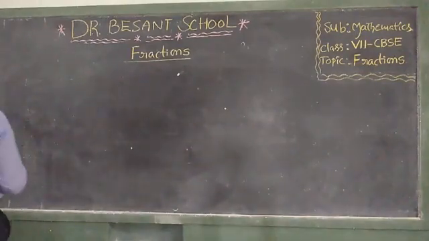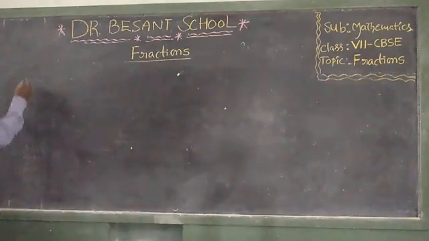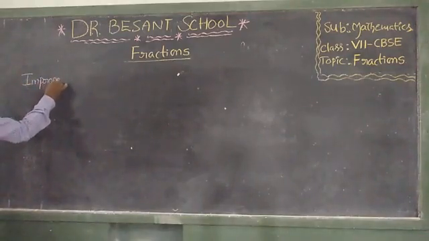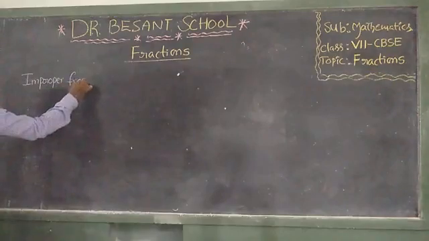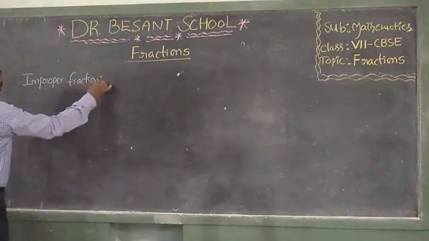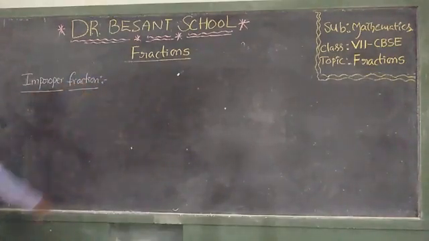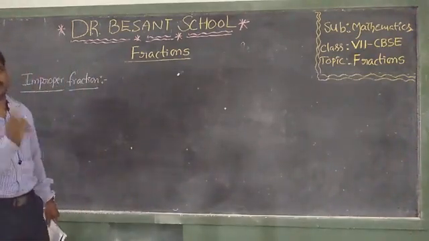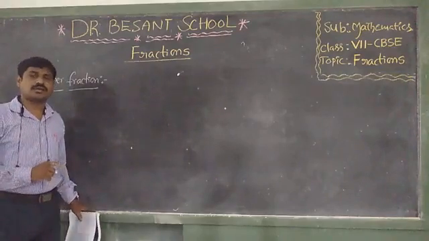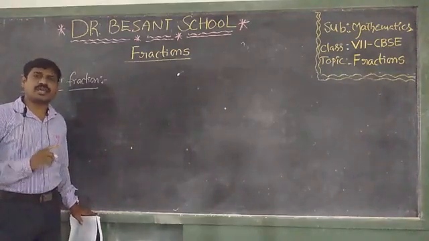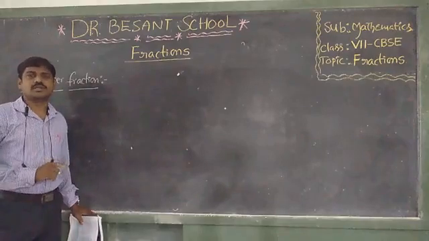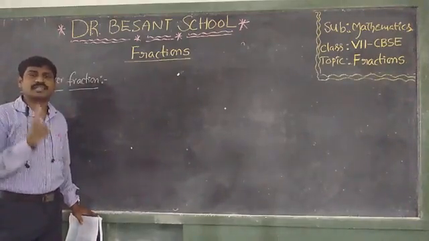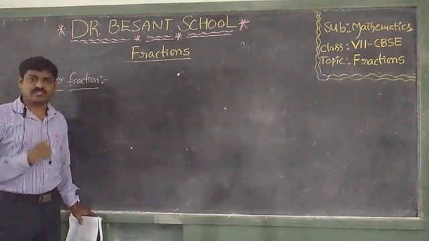Next, improper fraction. Improper fraction means, in your textbook, greater than is given. But actually, according to the system, greater than or equal to also: if the numerator is greater than or equal to the denominator, then the fraction is said to be an improper fraction.